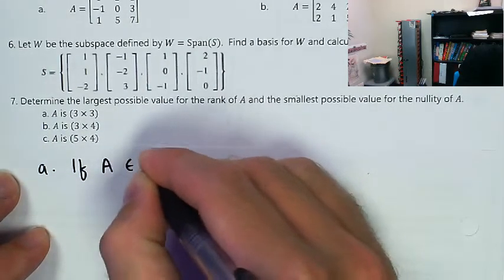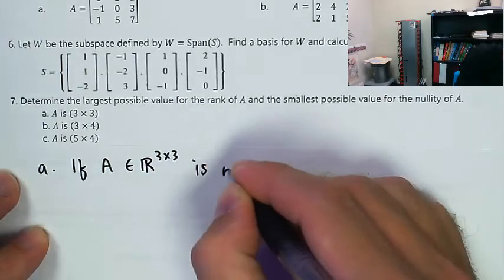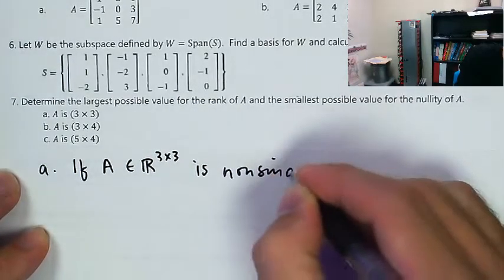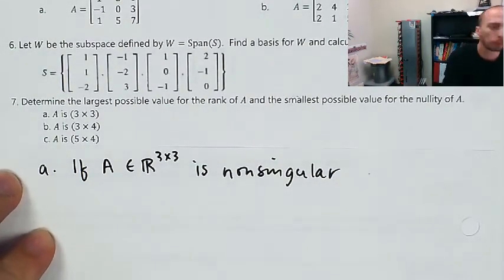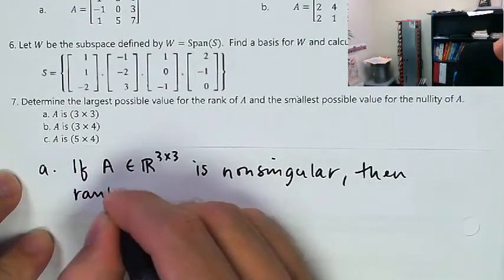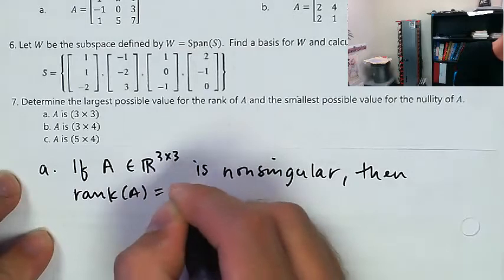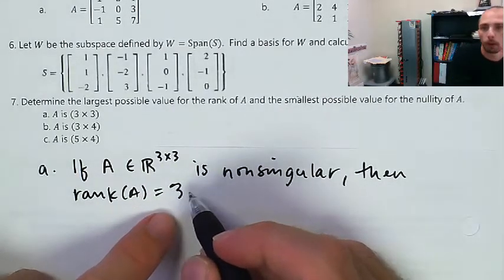If A, which is a 3 by 3 matrix, is non-singular, then I've got a situation where the rank is 3. And in that case, the nullity of A would be 0.